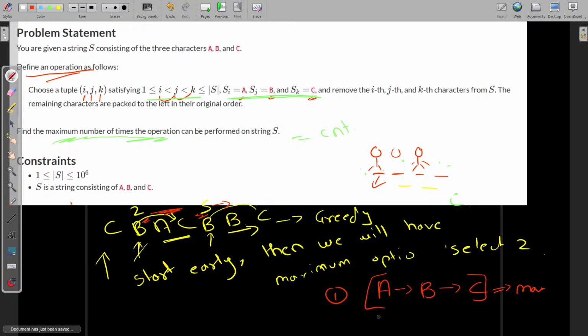And we also know that if I have already selected an A, then there is no point in selecting another A, right? We will have to select B for the next and then C for the next. And we cannot jump from A to C directly. We need a B in the middle. So this is one observation.